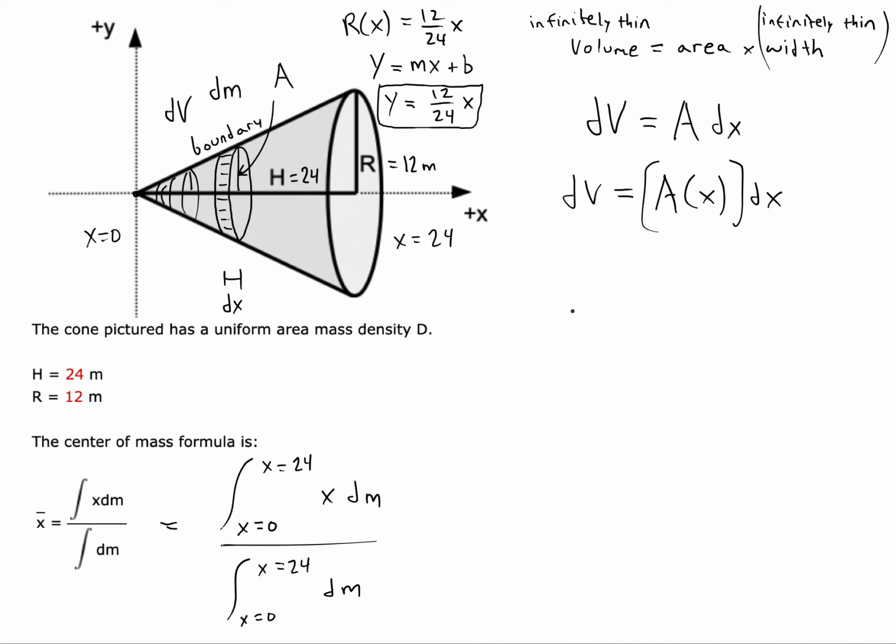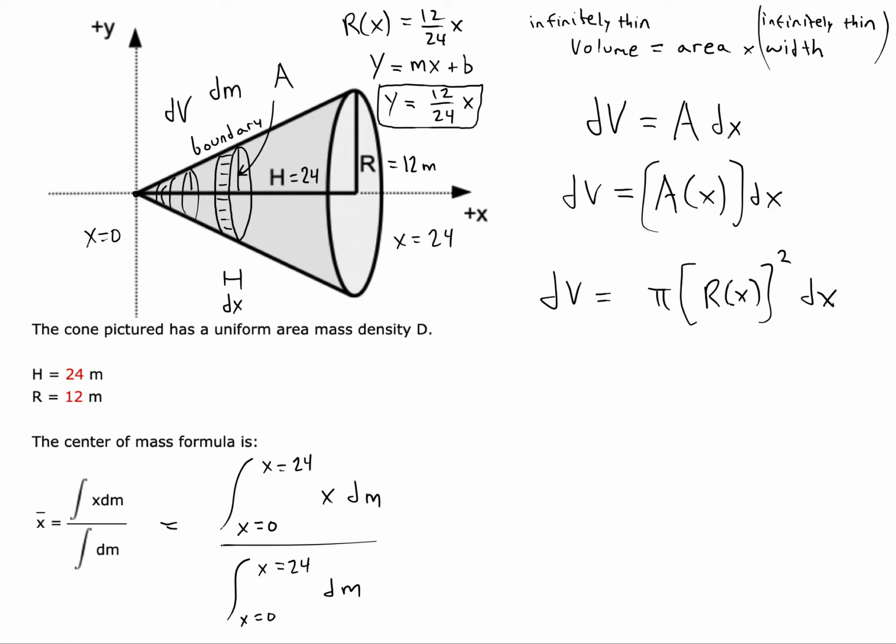So now that I have that, I could go to my area formula for a circle and plug in pi times r as a function of x squared, and that can replace my area and bring the dx down.